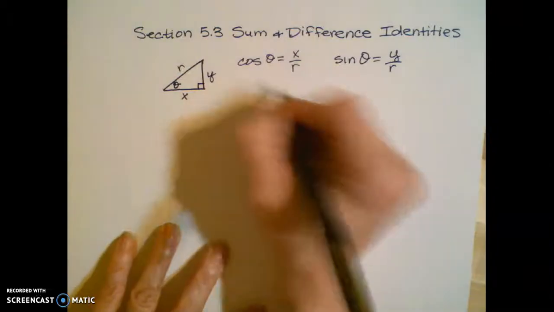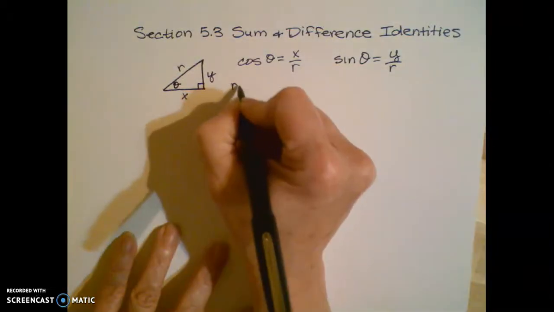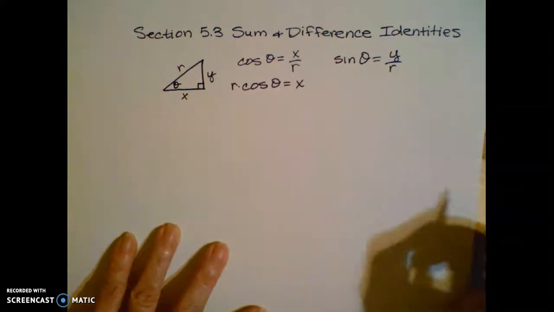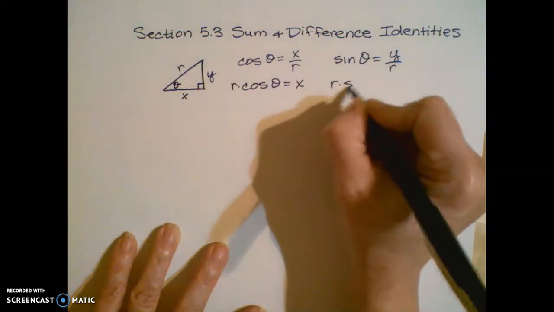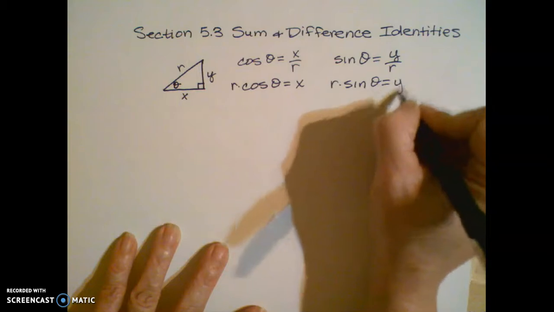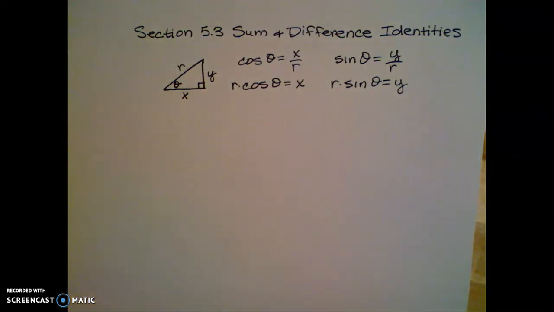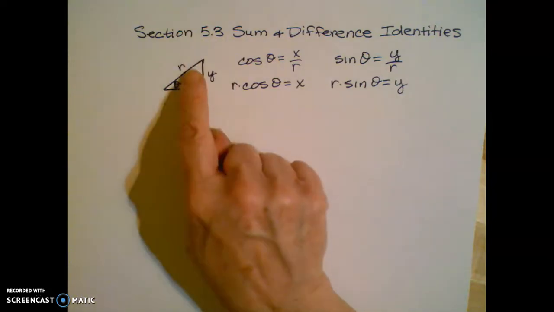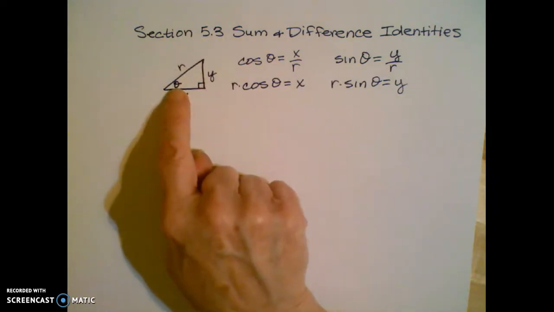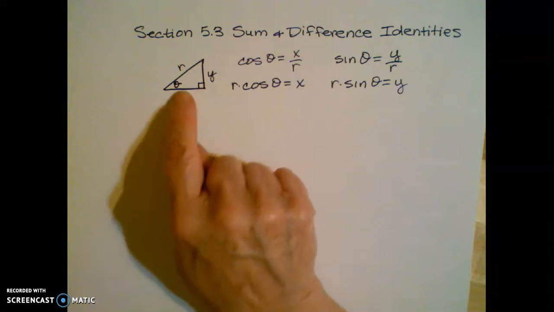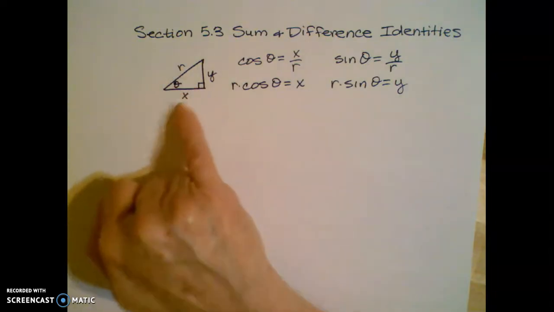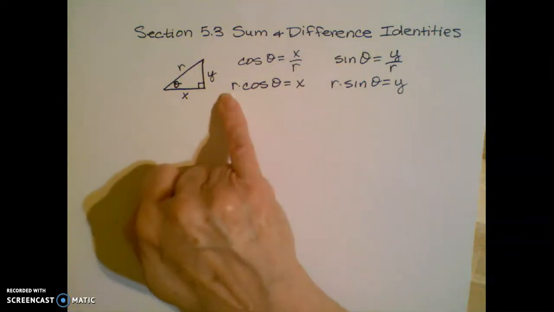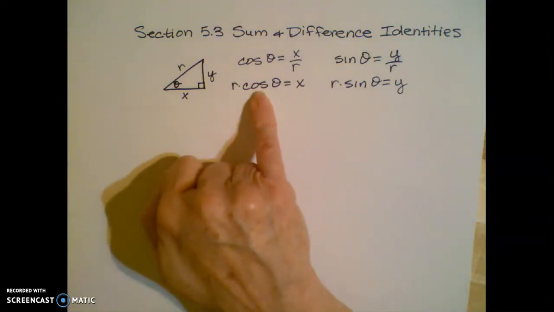Let's kind of multiply here. I'm going to multiply both sides by r. So r times the cosine of angle theta gives us the length x, and r times the sine of angle theta gives us the length y. So what does that mean? It means that for any triangle, given the length of the hypotenuse, what we called r in this case, and the measure of an angle, the acute angle specifically, then we can determine the length of the side adjacent to that acute angle by multiplying the length of the hypotenuse, r, times the cosine of the acute angle.